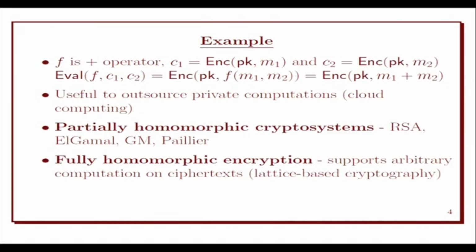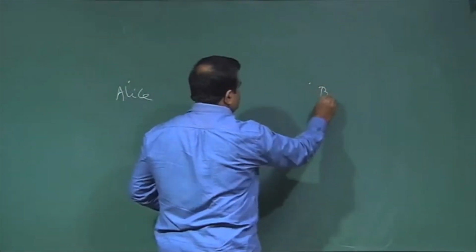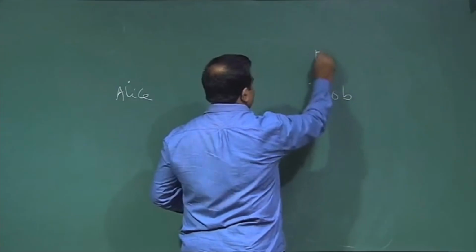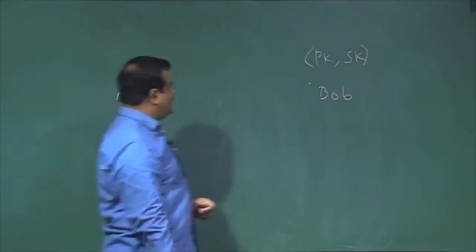Suppose the function is the addition function or multiplication function. If it is the addition function, we have a C1 which is the encryption of M1 using Bob's public key. So, we have Alice and Bob, and this is PK, SK, Bob's public key and private key.